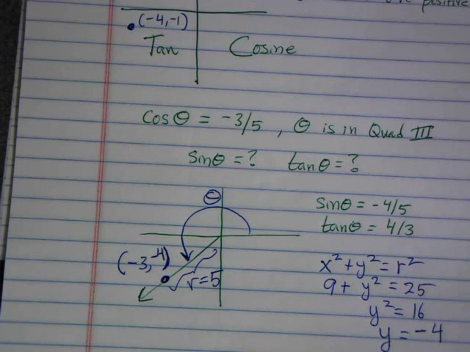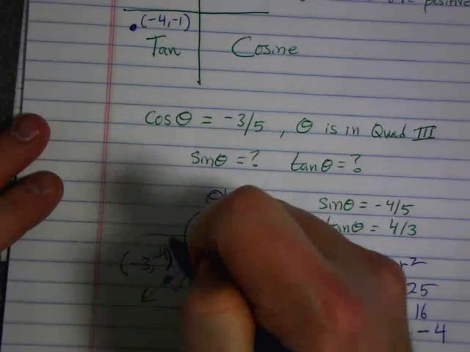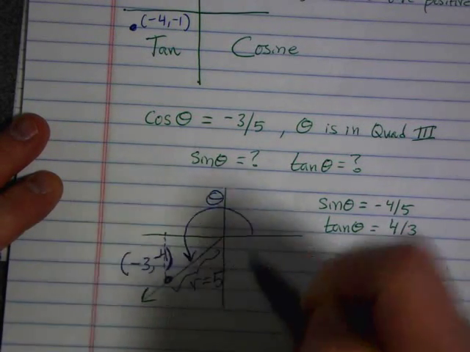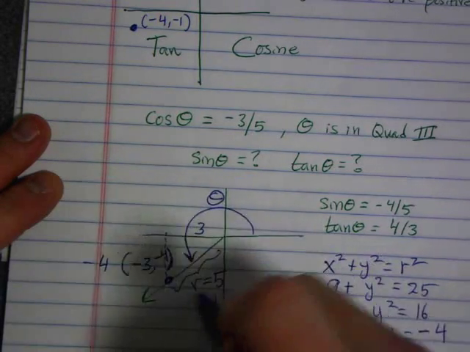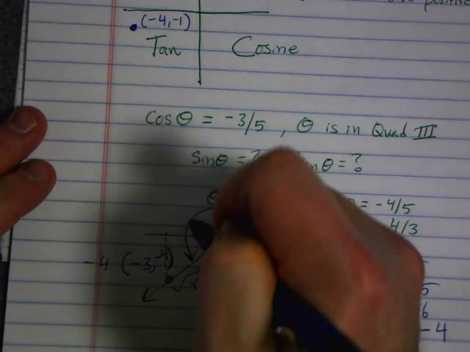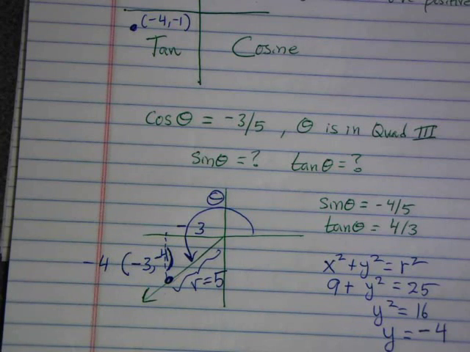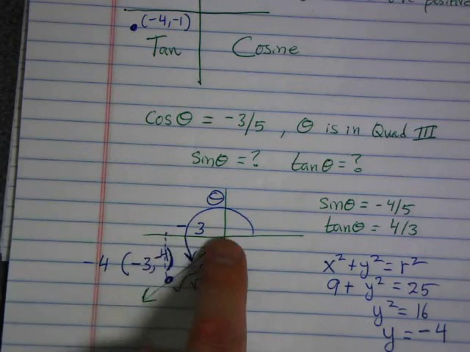Which triangle? It would be this triangle. So this distance would be 3, this distance would be 4, and that distance is 5. Except we need to remember, because of the quadrant we're in, it's kind of weird to say we have a distance of -3. The distance is really 3, but the x value is -3.